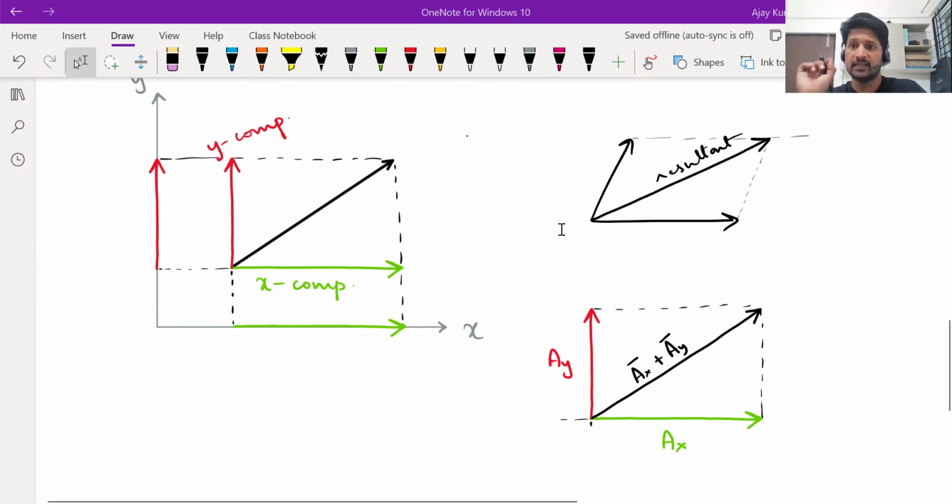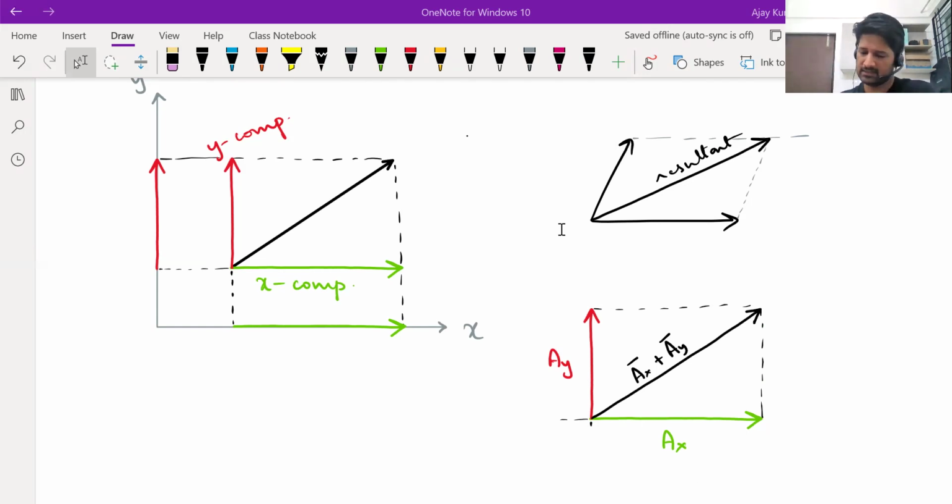So that is the idea that we use to represent vectors in random directions in the xy plane. Now see that black vector is not completely along the x-axis. Had it been completely along the x-axis, we could have written something into i cap. Had it been completely along the y-axis, we could have written it as some number into j cap. But this is somewhere between the x and y-axis. Okay. So what we'll do is we'll take help of its components.